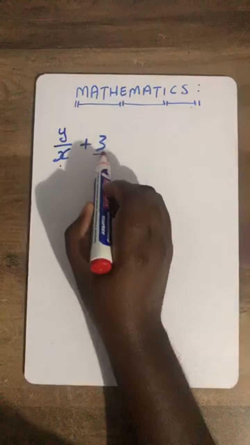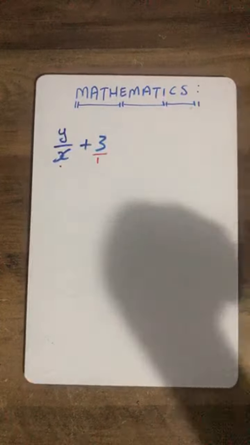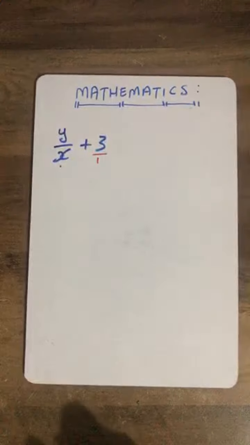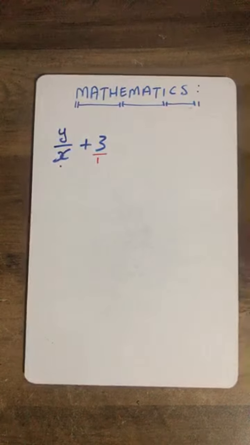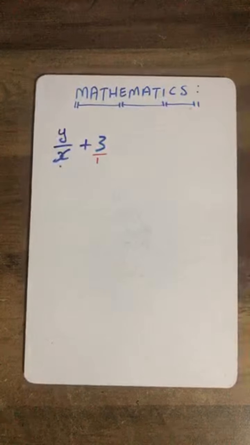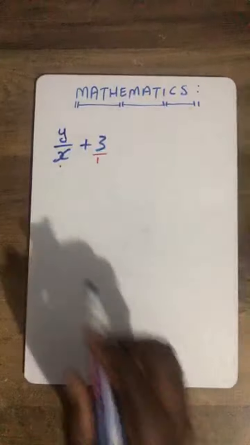You will always divide it by 1. In case if you have a problem and the other term is a fraction and the other is not a fraction, you must make it a fraction. You just divide it by 1. There is Lesego, she has worked out, or he has worked out the previous problem. Even this one, you can quickly work it out and comment, it's fine. Myself, I'll do the explaining.